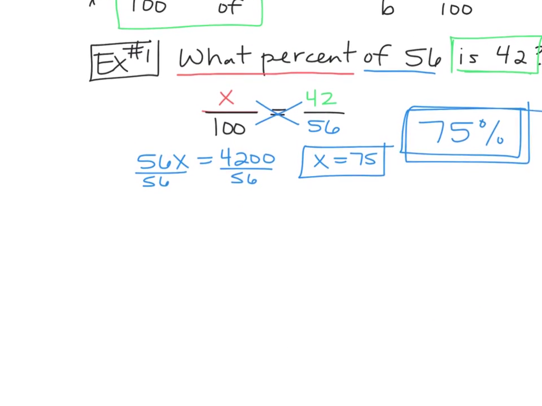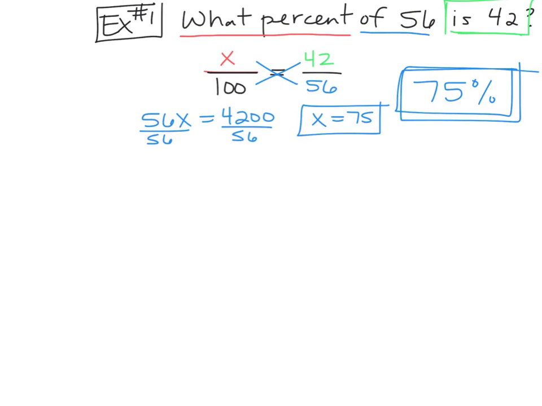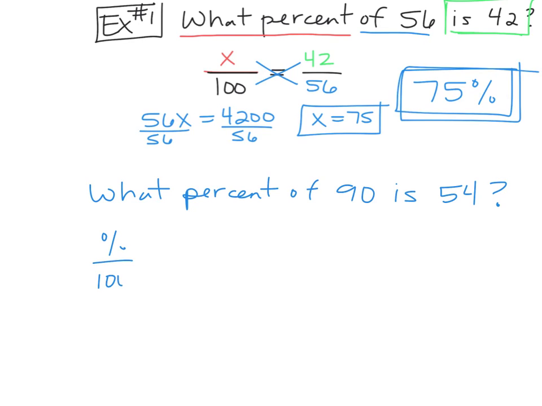All right, what about this one? What if I said what percent of 90 is 54? What percent of 90 is 54? So remember, it's percent over 100 equals is over of.